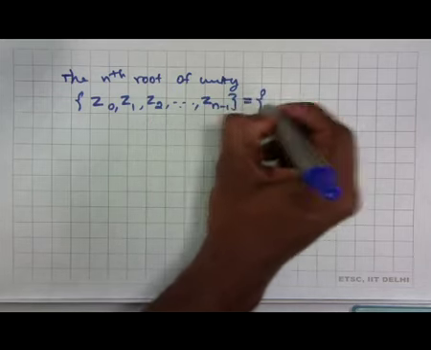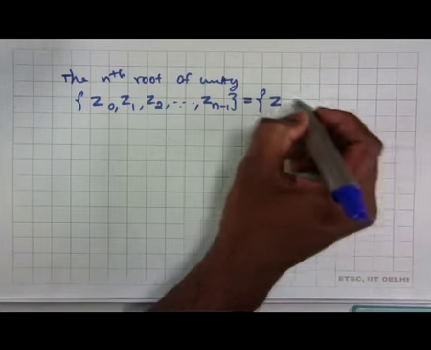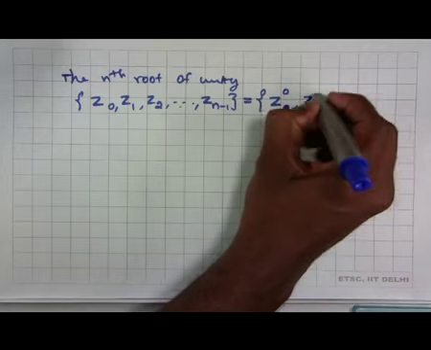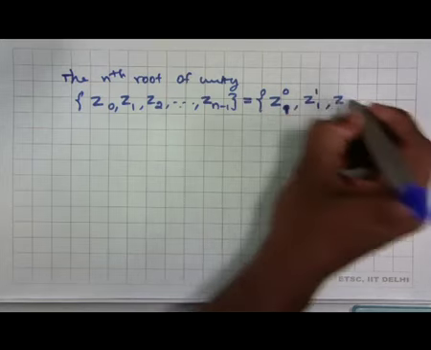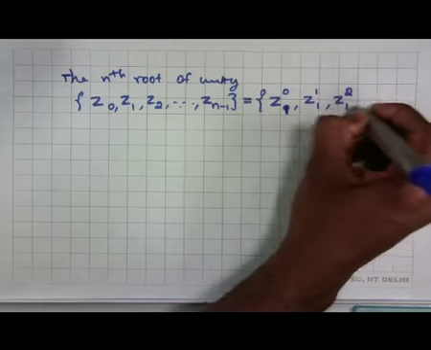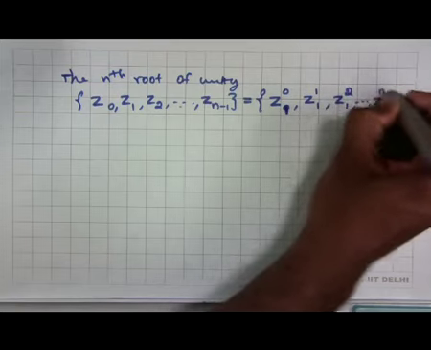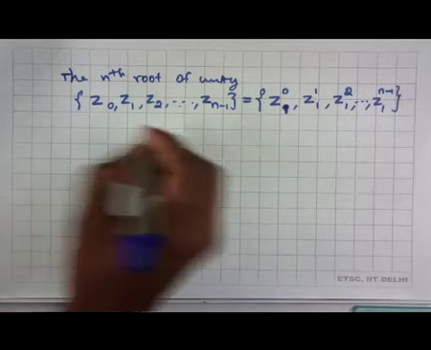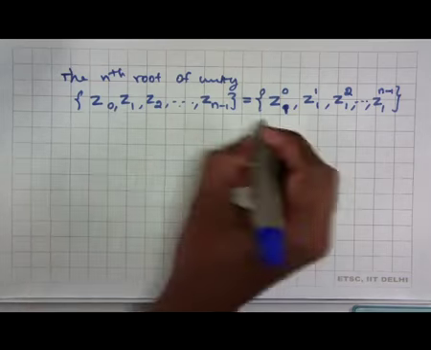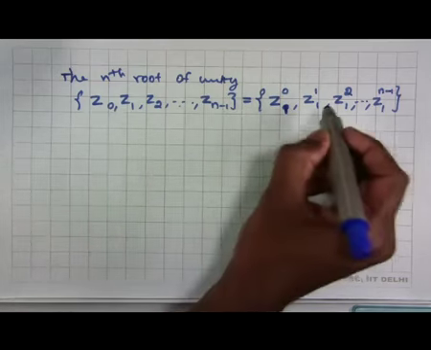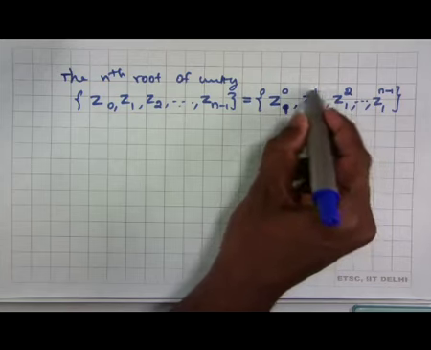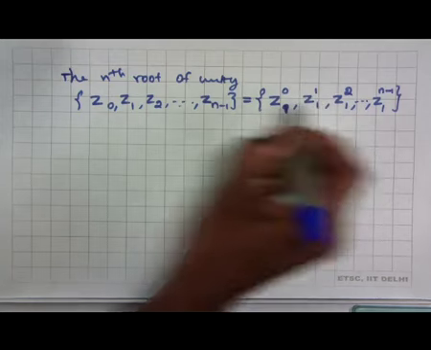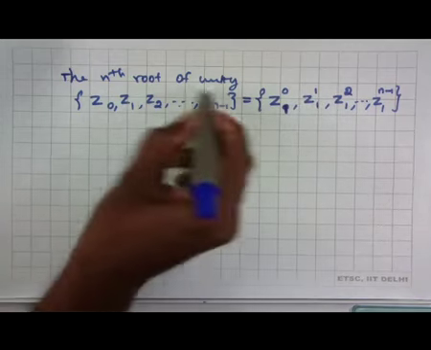This is just given by Z1 power 0, that is 1, and Z1 power 1 we get Z1 itself, Z1 power 2 we get Z2, and Z1 power n minus 1, we get Zn minus 1. So, which means the nth root of unity set is just generated by this element Z1. If you have only the Z1, we can just calculate the remaining elements just by taking its powers.